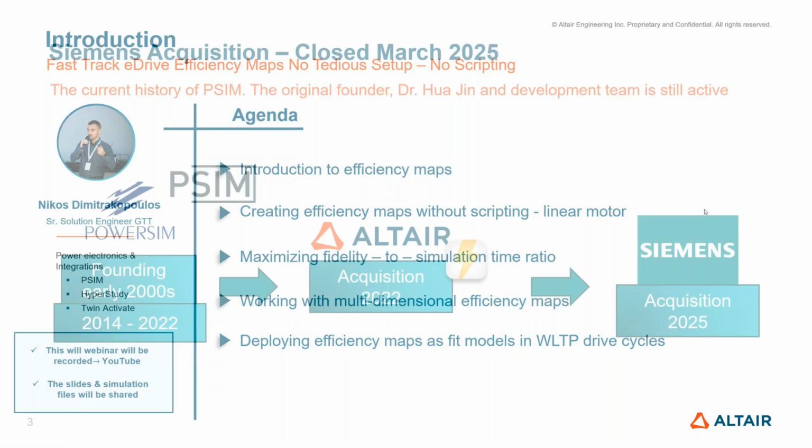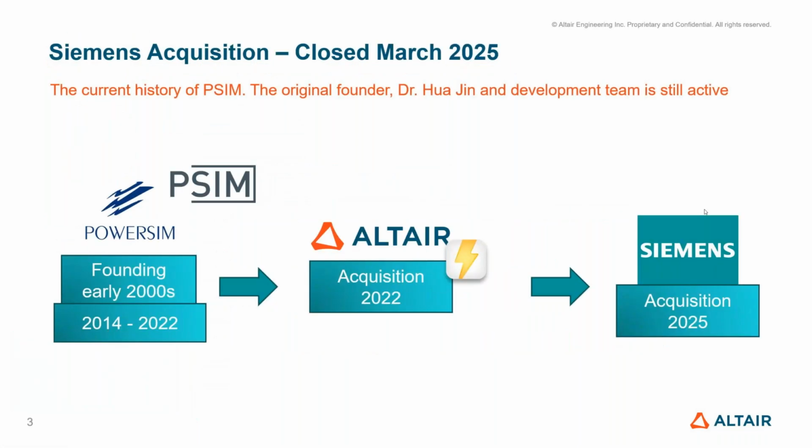So, some news in case you haven't heard. Altair was recently acquired by Siemens. The deal closed in March 2025. And to provide you with a bit of history, the original founder of PSIM, Dr. Hua Jin, founded PSIM in the early 2000s. Dr. Jin is still with us, working as part of the development team of PSIM.